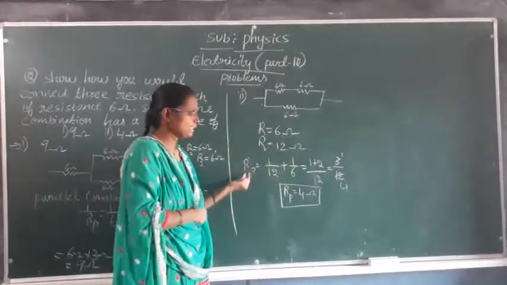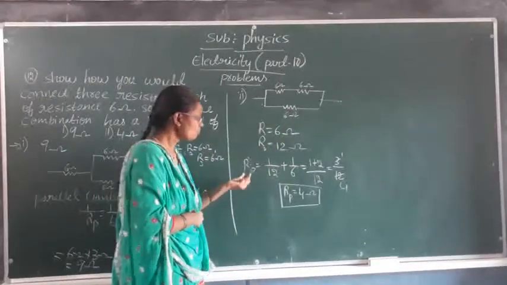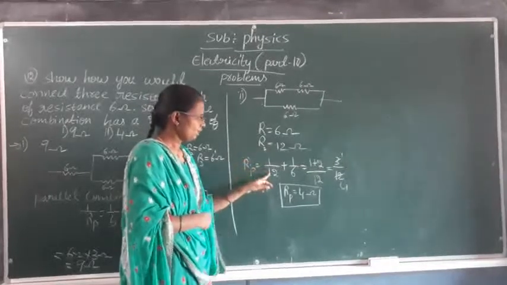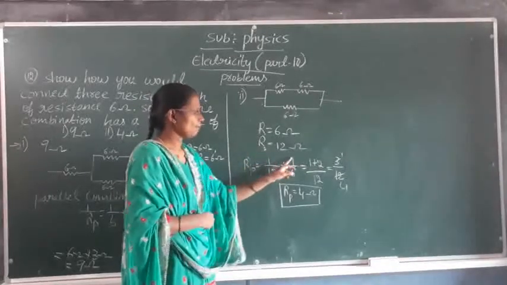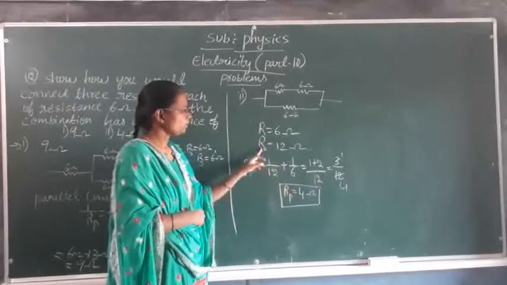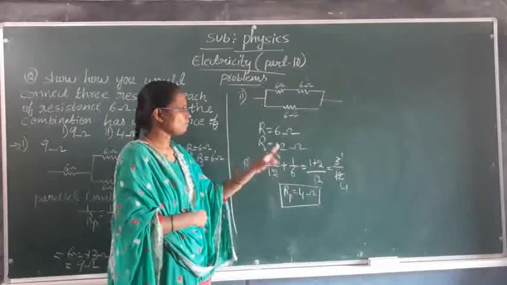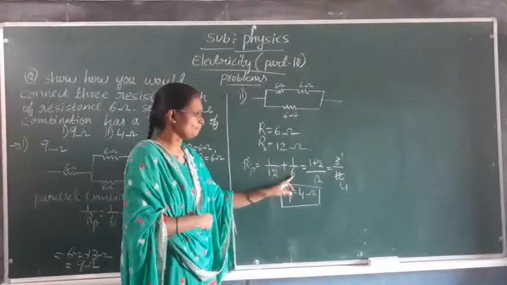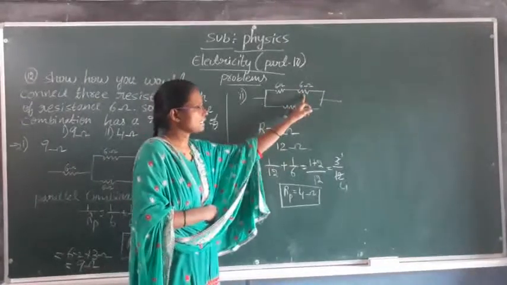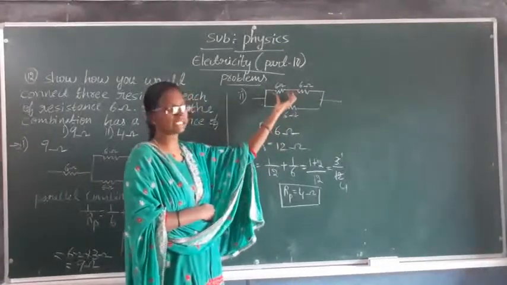Here the resultant value you have to find out: 1 by RP is equal to 1 by R1 plus 1 by R2. R2 value is 12, R1 value is 6. How are you getting 12? 6 plus 6, since both resistors are connected in series.